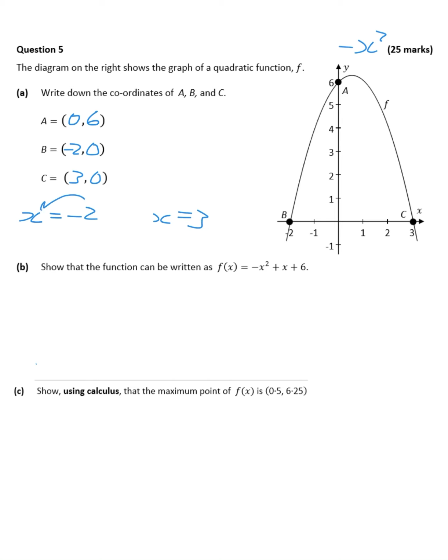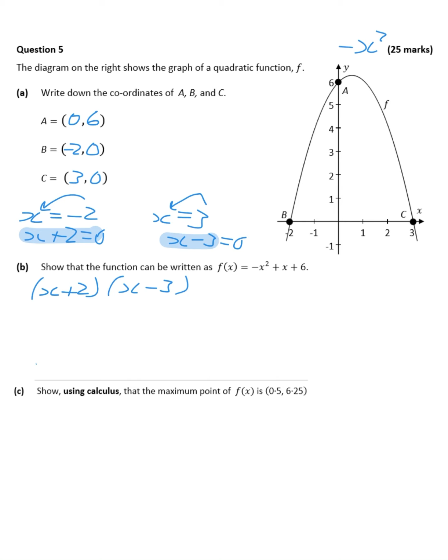Now if we brought these to the other side, this would be x plus 2 equal to 0 and x minus 3 equal to 0. So then they are the factors of that function. So if I expanded these, I should get what they're looking for.